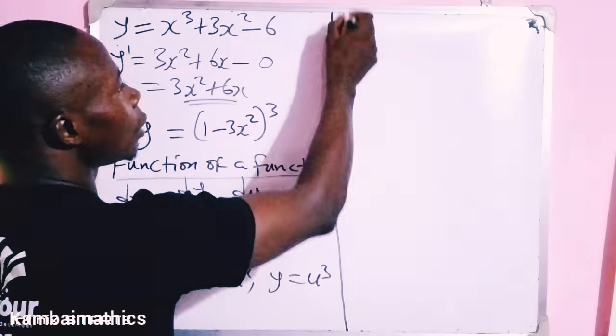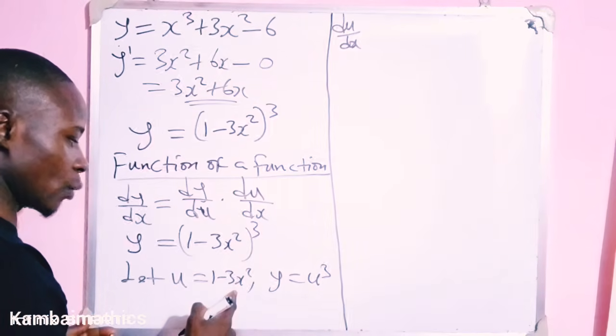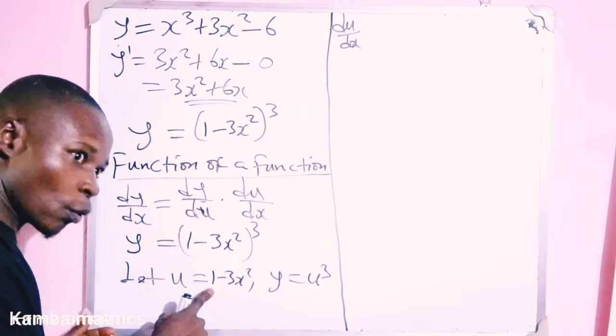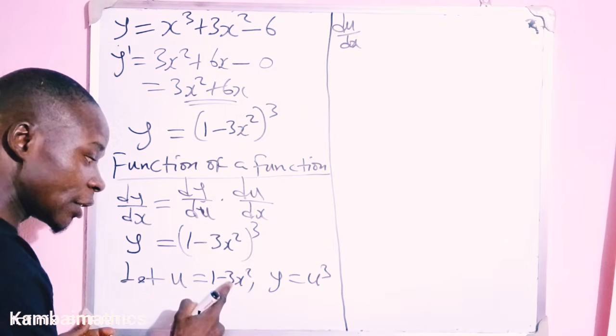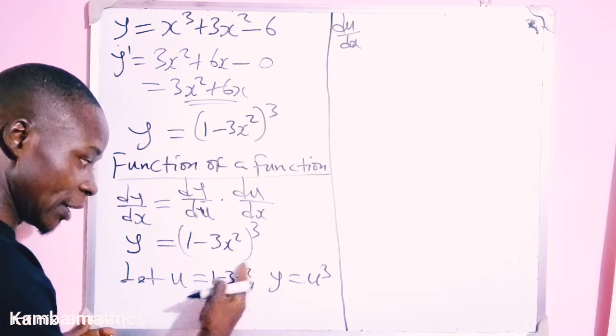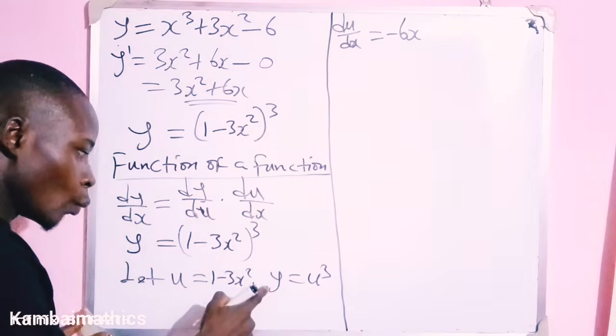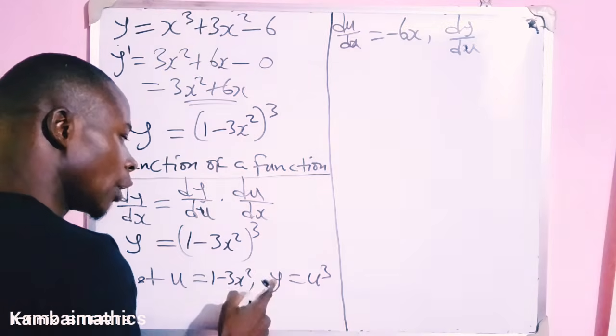So we can solve this one here. We say du all over dx, that is when we differentiate u with respect to x. When you differentiate the constant 1, it is 0. But when you differentiate minus 3x raised to the power of 2, it will give us minus 6x, because you bring this one down and multiply. For the next one, dy all over du, we are differentiating y with respect to u.